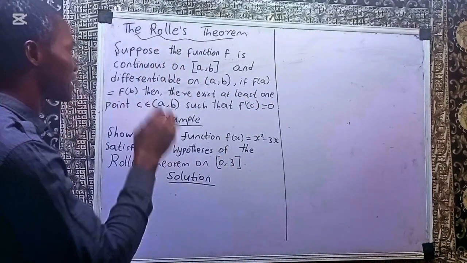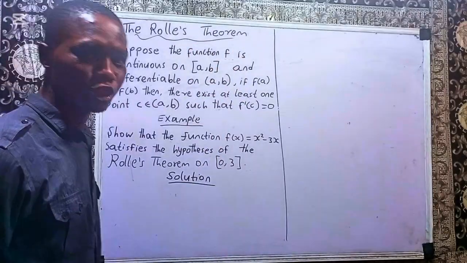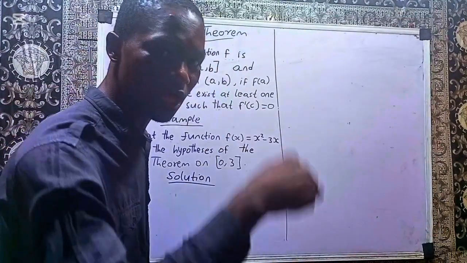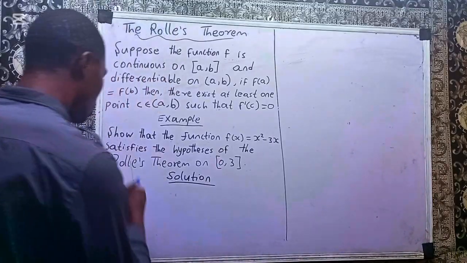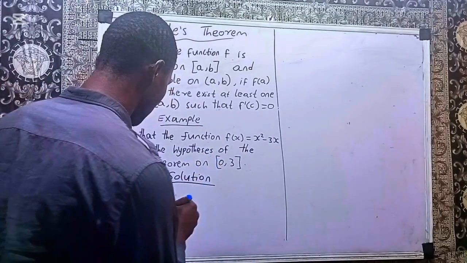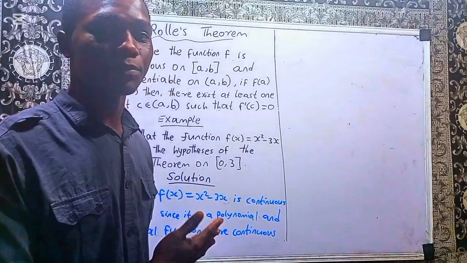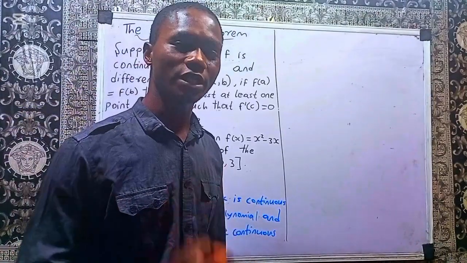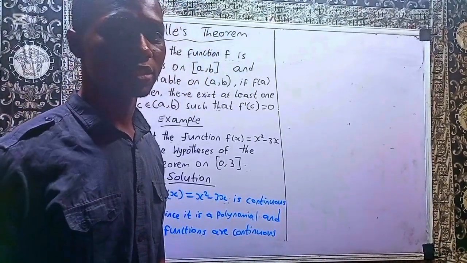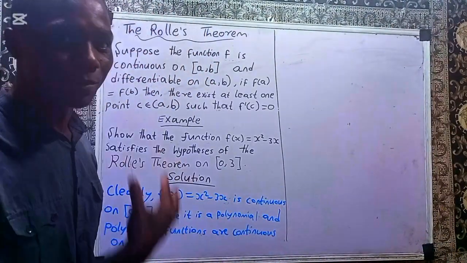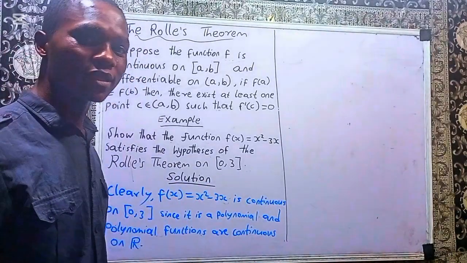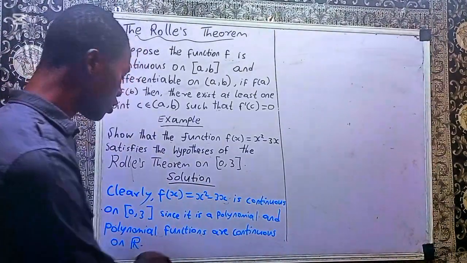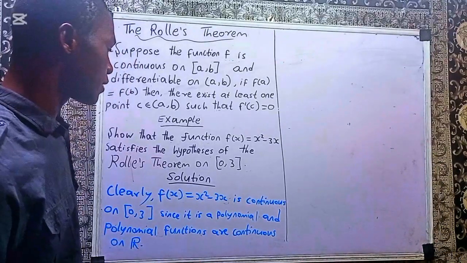So it satisfies the first condition for Rolle's theorem: the function has to be continuous on the closed and bounded interval. So let's make that statement. What I have written on the board is just the statements I've made earlier. The function is continuous on this closed and bounded interval because it is a polynomial, and polynomials are continuous everywhere on R, the real numbers.